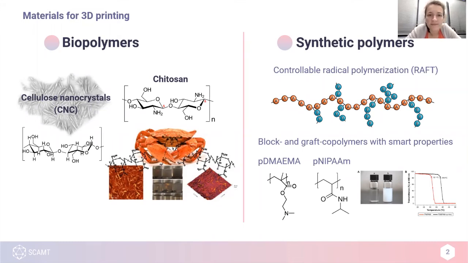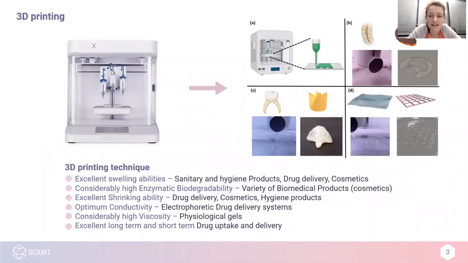Next slide. As the production method, we use 3D printing to obtain materials with different flexibility, size, rigidity, and even multi-layer structures for biomedical or cosmetic purposes, or even smart packaging and security printing. Next slide.